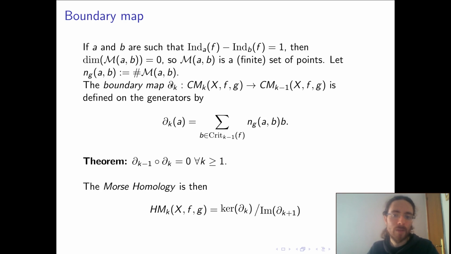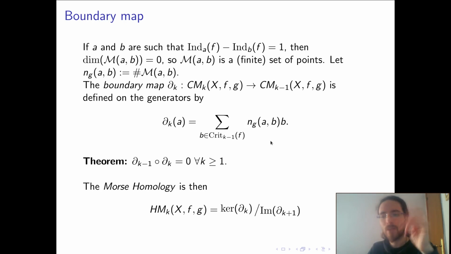So the boundary map is just using these numbers here. You take a critical point, you take all the points of the following index, the index minus 1 with respect to this point, and you take this formal sum, counting these numbers.